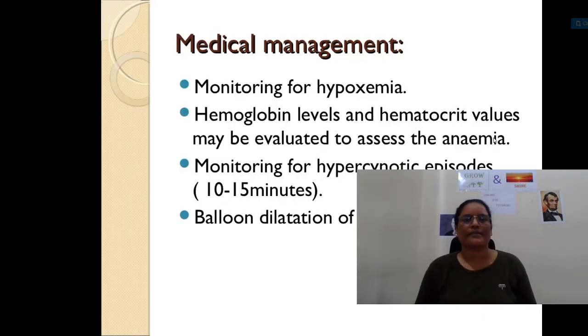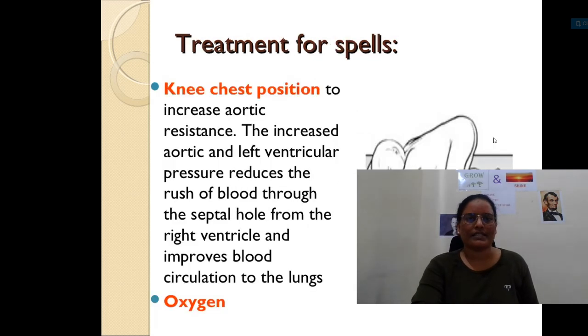Then the next is medical management: monitoring for hypoxemia, hemoglobin level and hematocrit values may be evaluated to assess anemia, monitoring for hypercyanotic episodes, and balloon dilation of the right ventricular outflow tract. Then the next is treatment of spells.